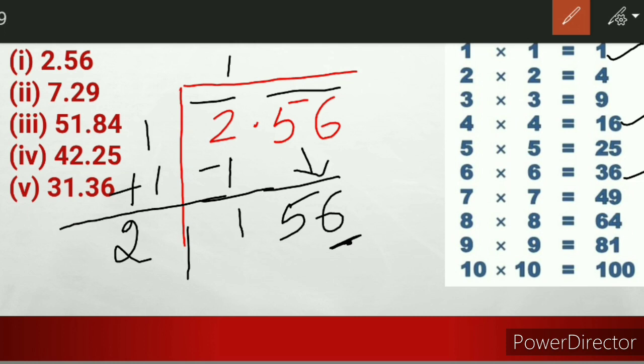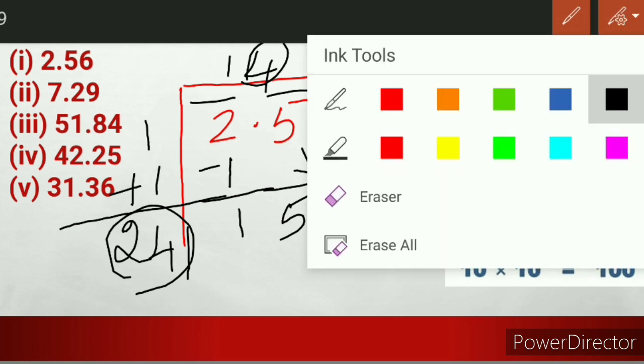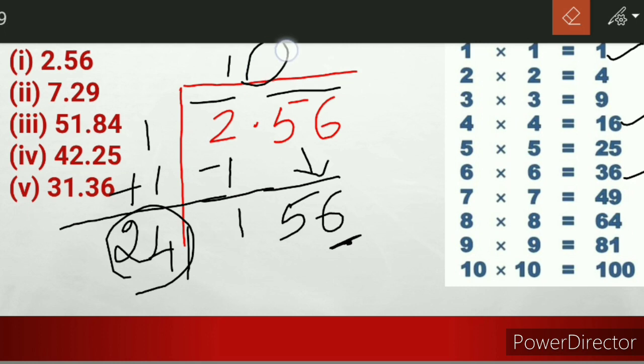Now I am selecting 4 and writing 4 here also. 24 into 4: 4 fours are 16 plus 1, 96 we will get. 96 is less than 156, so we can't take 4. Instead of 4 we will take 6.